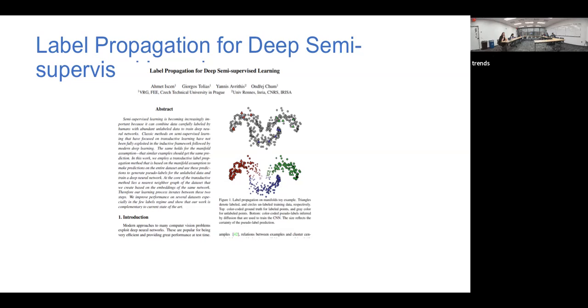In this paper, they employed a transductive label propagation method to make predictions on the entire dataset, and use these predictions to generate pseudo labels for the unlabeled data and train a deep neural network. At the core of the transductive method lies a nearest neighbor graph of the dataset that it creates based on the embeddings of the same network. Therefore, their learning process iterates between these two steps.